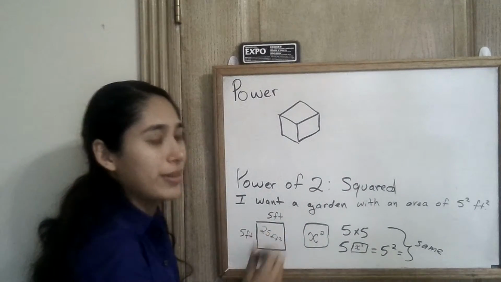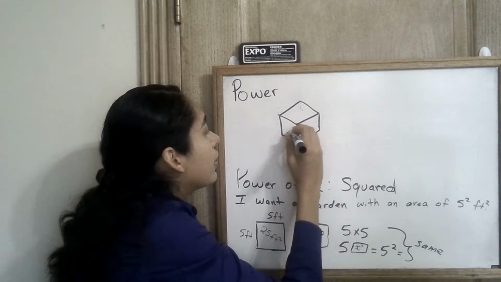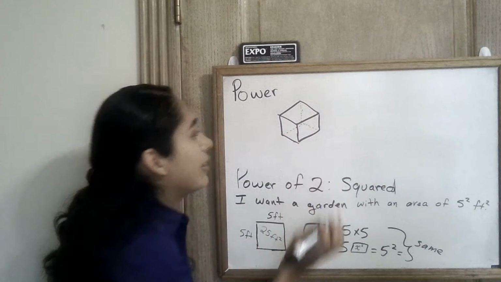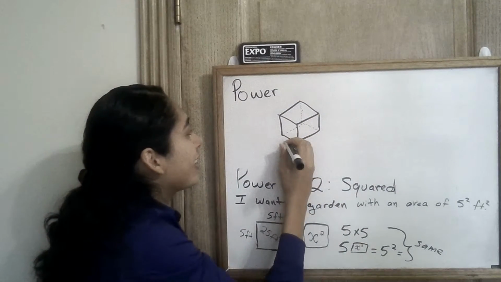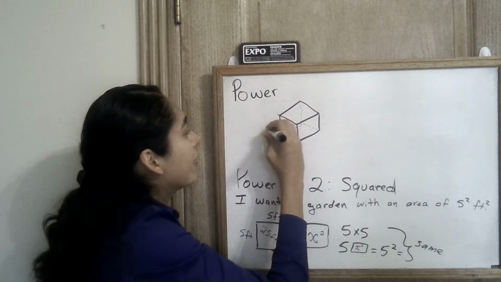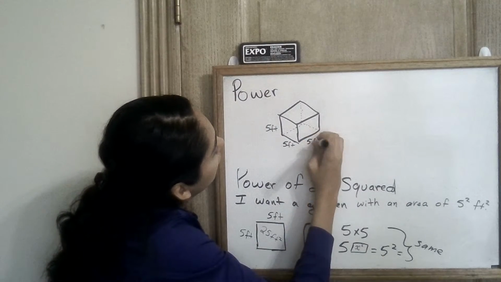I'll make it a cube. Let's assume it's a cube. 5 feet, 5 feet, and 5 feet.